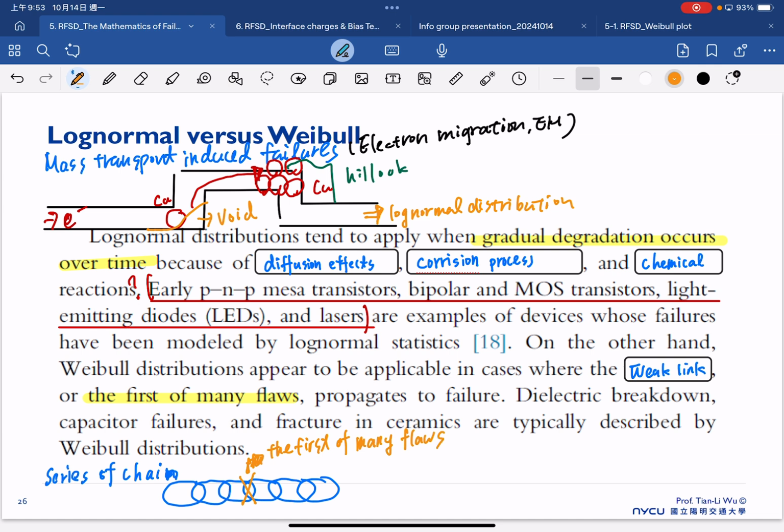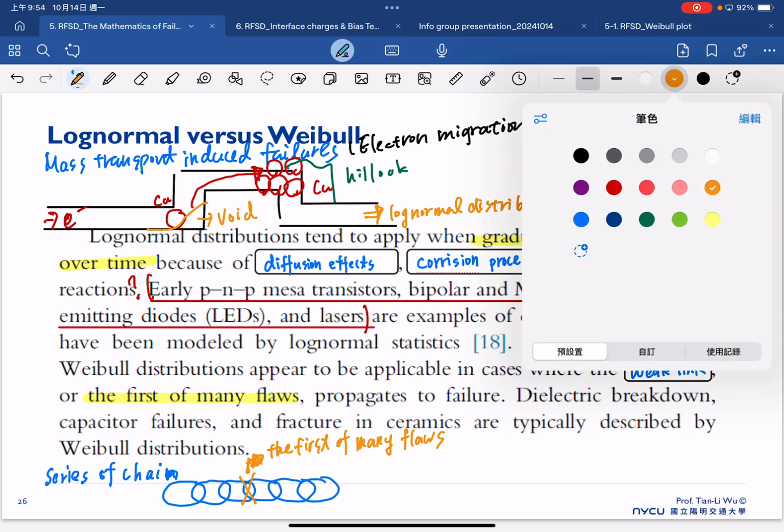That means if inside a chain any connection becomes the first one broken, then the chain is completely broken as well. So that's why we call this concept a weak link.